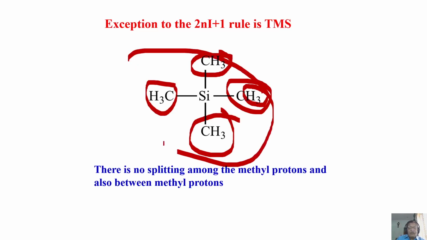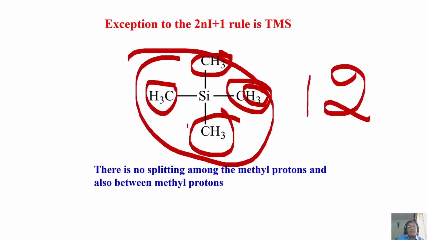That means all the 12 protons of tetramethylsilane are perfectly equivalent, chemically equivalent, and also magnetically equivalent. Coupling between this CH3 and this CH3, this to this, they are all the same. You will not see any effect on the spectrum.